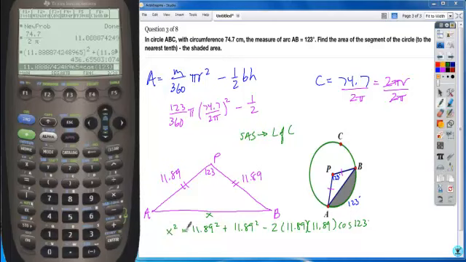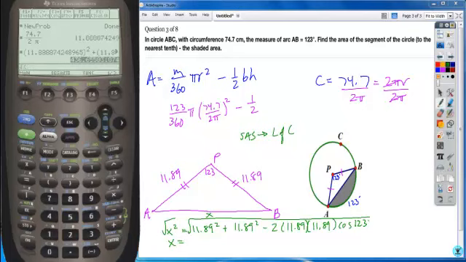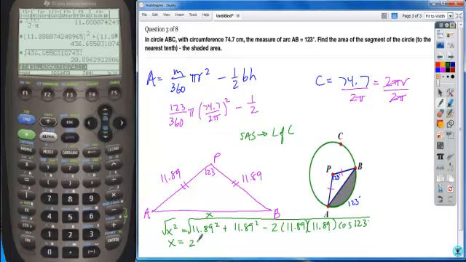When I get that measure, I now have to again extract the square root here to leave me with x. So if I take the square root of this number and calculate, I get my side to be 20.9 approximately. Okay, so there's my base. So I can plug that now up here in for b, the 20.9 approximately.